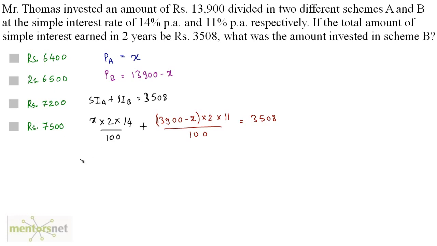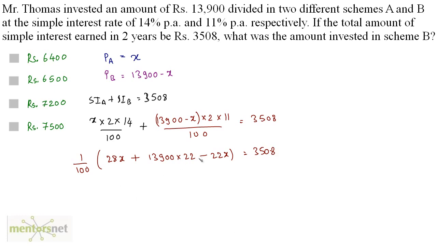So taking 1 by 100 common, we have 14 times 2 is 28x plus we have 13,900 times 11 times 2, that's 22. So 13,900 times 22 minus 22x is equal to 3,508.